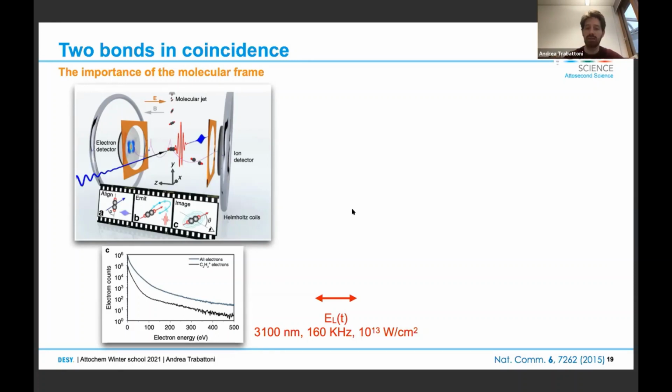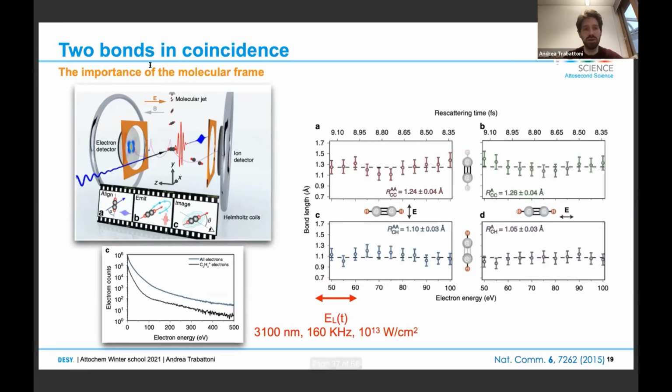They did this, and they were able for the first time to resolve not one bond, as in the paper by the group of Louis DiMauro, but two bonds. So the CC and the CH bond, again with picometer resolution, and you can see sub-femtosecond resolution here.